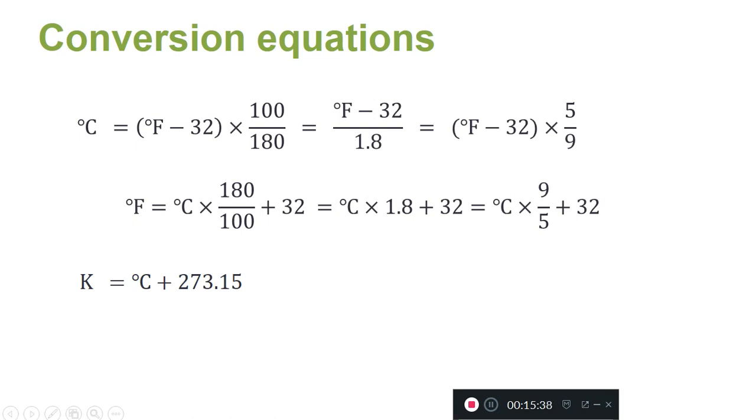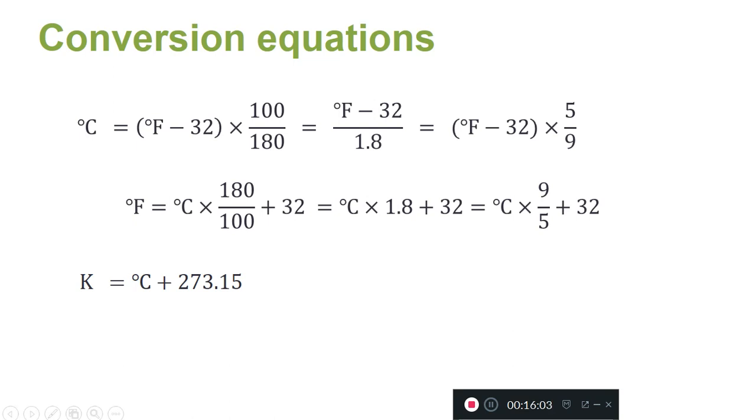It's often written as degrees Fahrenheit minus 32 over 1.8 or times 5 over 9, right? If I divide these both by 20, this is a 5 over a 9. So 3 different equivalent equations for converting Fahrenheit to Celsius. I can also rearrange them and come up with 3 other different versions for going from Celsius to Fahrenheit.